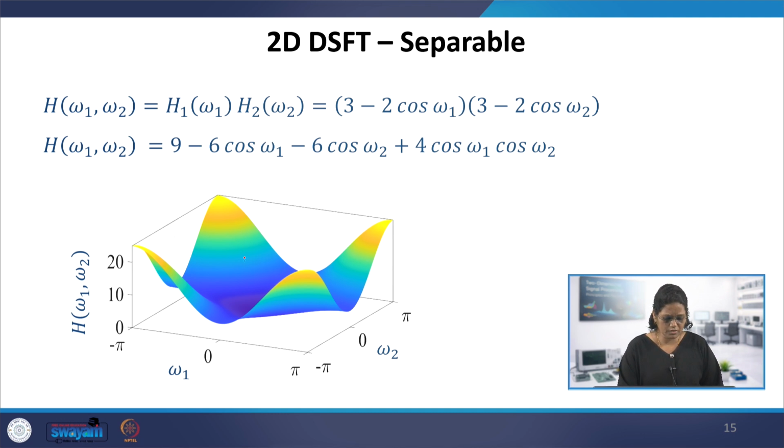It is just a surface plot showing how H varies while varying both omega 1 and omega 2. This is the frequency response again, obtained for a 2D sequence through the 1D DTFT, because of the separability concept.